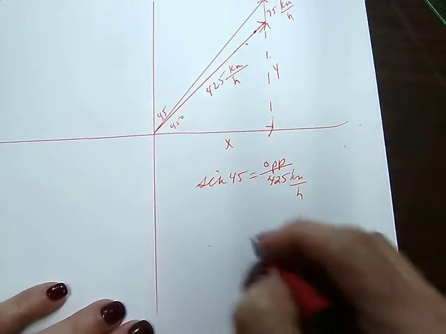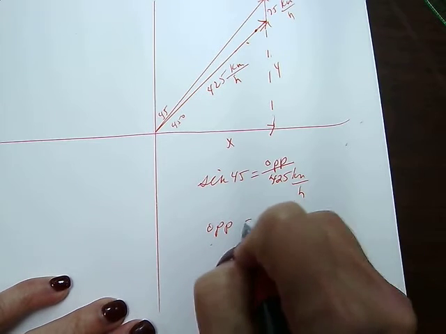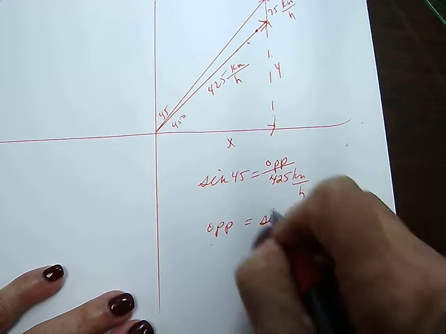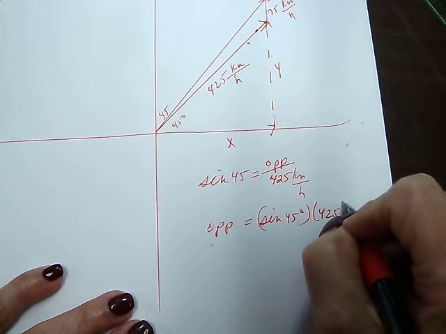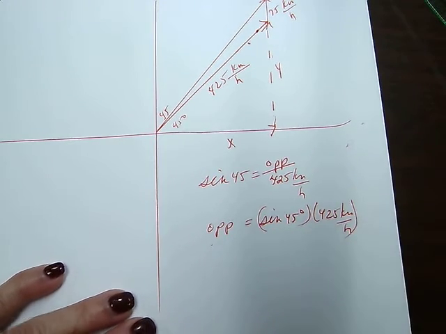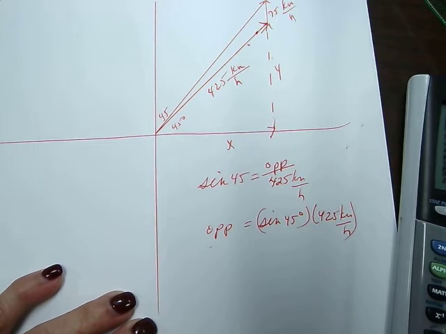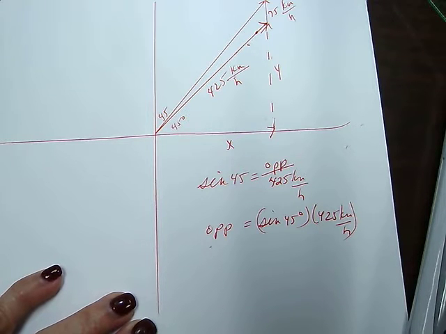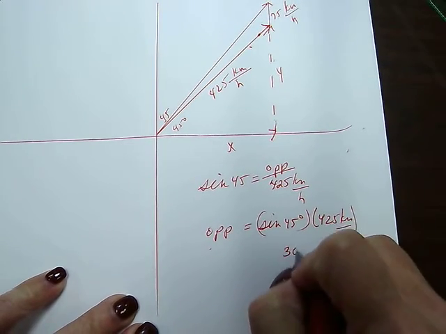So that means my opposite is going to be the sine of 45 times 425, or 300.